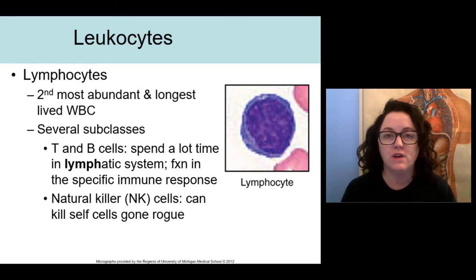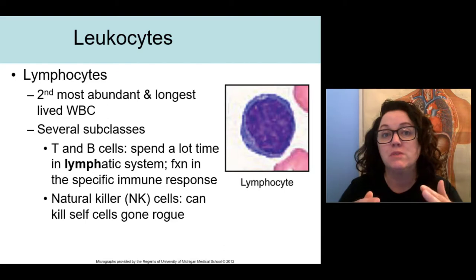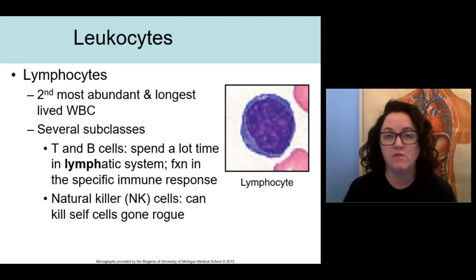So natural killer cells, unlike T cells and B cells, are not able to recognize a specific bacteria or virus, for example. Instead, natural killer cells are really special. They can detect when our own cells are problematic, like when our cells are infected with a virus, or when our cells have become cancerous.